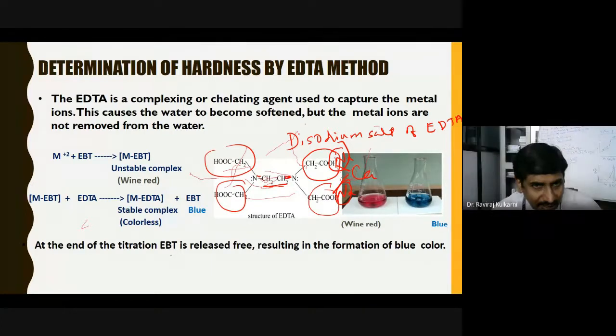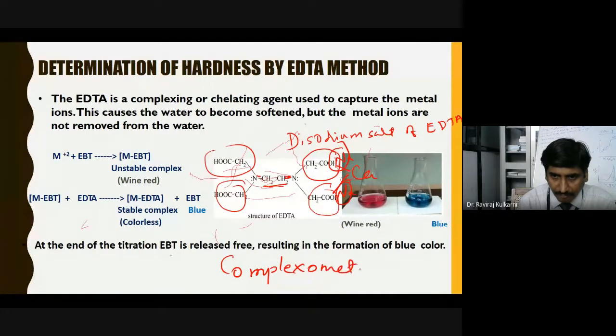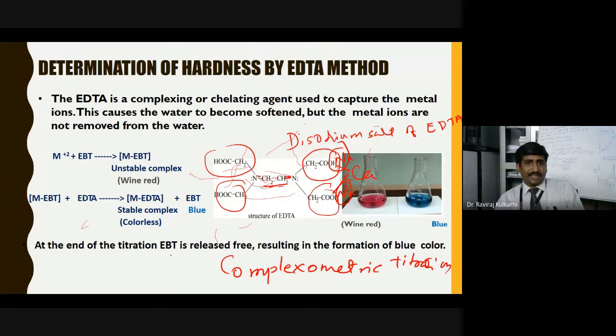So this is EDTA titration, also known as complexometric titration. What kind of titration is it? Complexometric titration. EDTA is a complexing agent or chelating agent, used to capture metal ions. This causes the water to become softened, but the metal ions are not removed from the water.